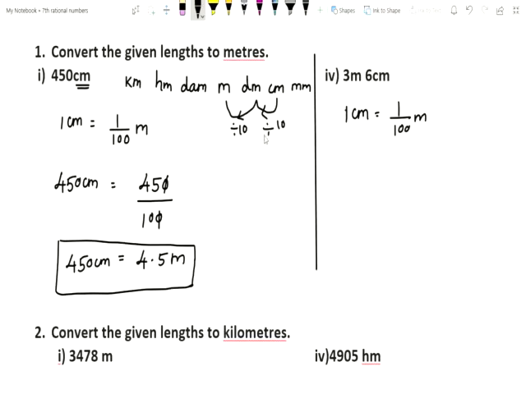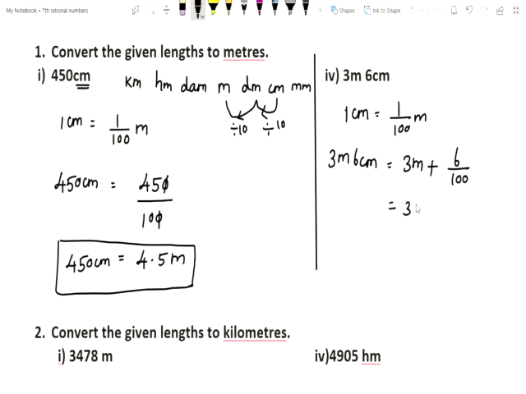3 steps we want to divide by 1000. 1 step we want to divide by 10. So 1 centimeter equal to 1 by 100 meter. So 3 meter 6 centimeter equal to 3 meter, you keep it as it is, plus 6 centimeter. So 6 by 100.